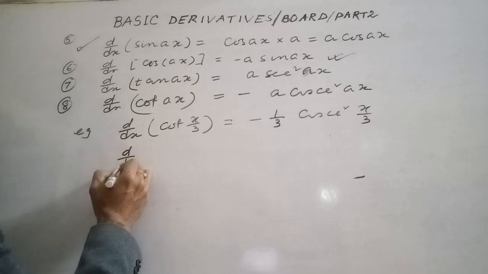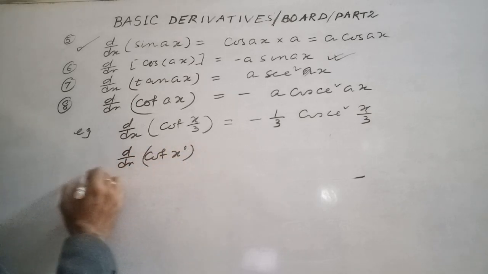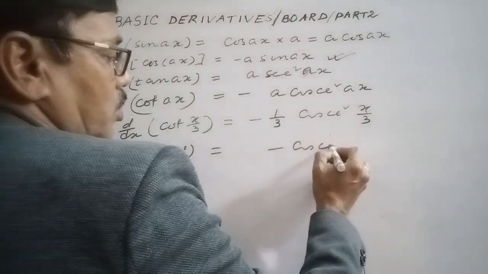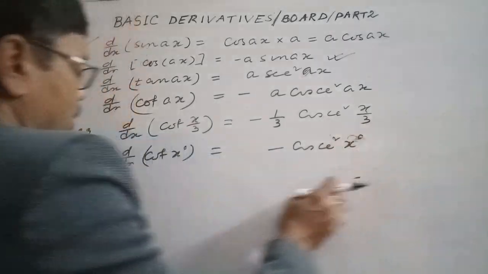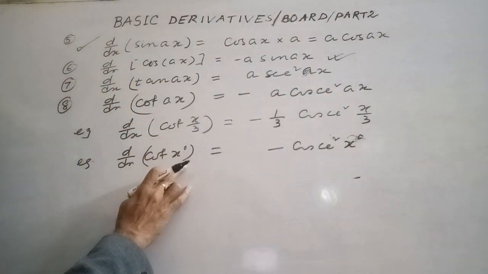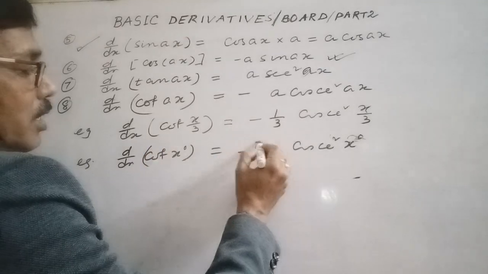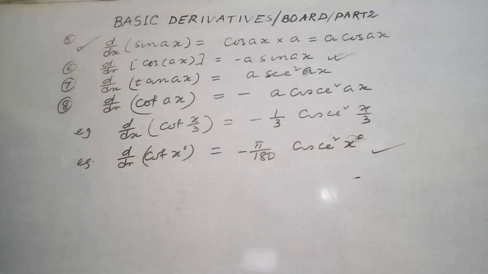d/dx of cot x degree, to be noted. So minus cosec square x degree. And if it is in degrees, to make it radian, you have to multiply by pi by 180. So this is minus pi by 180 into cosec square x degree.